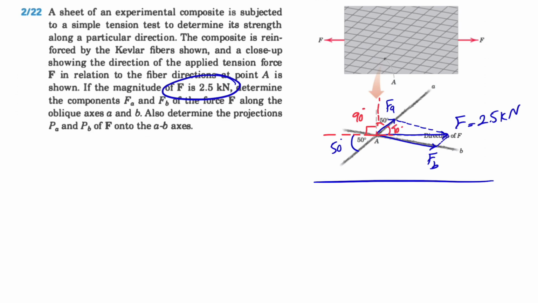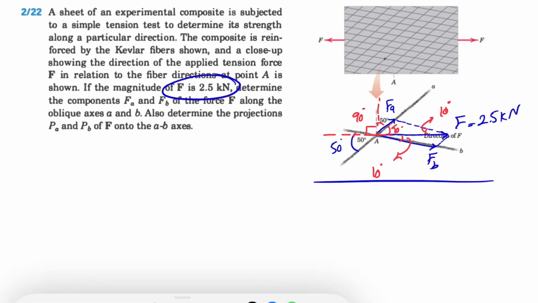And since we know the angle between A and B is 50 degrees, this angle right here has to be 50 minus 40, which is 10 degrees. And if that's 10 degrees, this one over here is 10 degrees because we have two parallel lines that F is crossing. And there is only one angle missing in the triangle that we have on top.